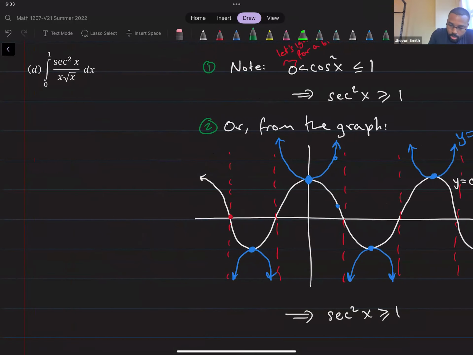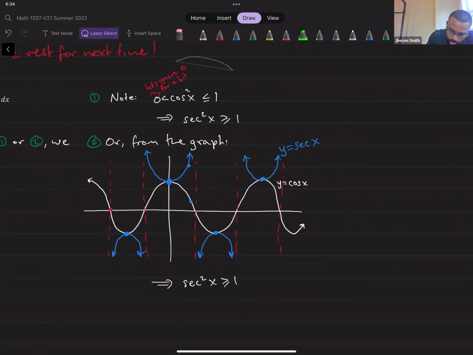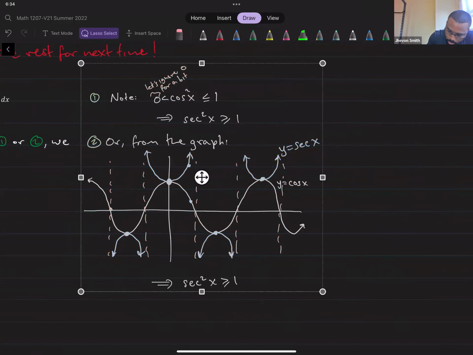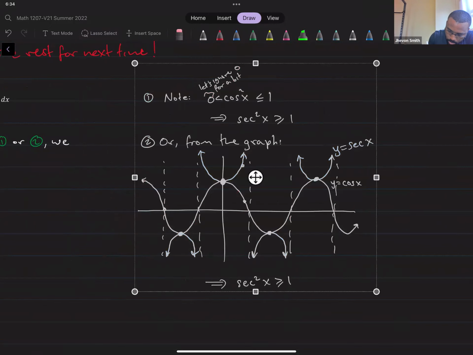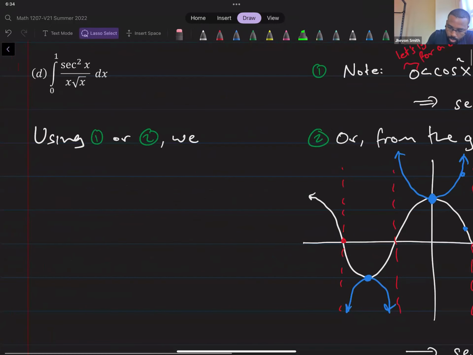So, using that, we see that I can take my secant squared, and I know it's larger than 1, but it's also larger than 0.